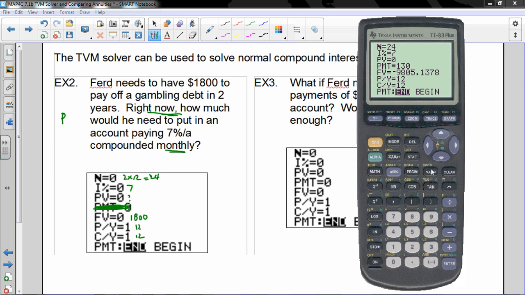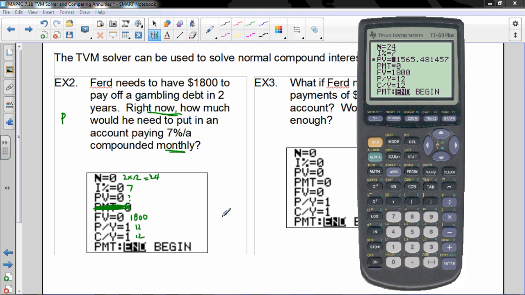The present value we're going to solve for. The payment was 0. It wasn't regular payments. And the future value has got to be $1,800. The periods per year and compounding periods per year is 12 and 12. And so we're going to solve for how much he needs to have now. Alpha, solve, and there's the 1565.